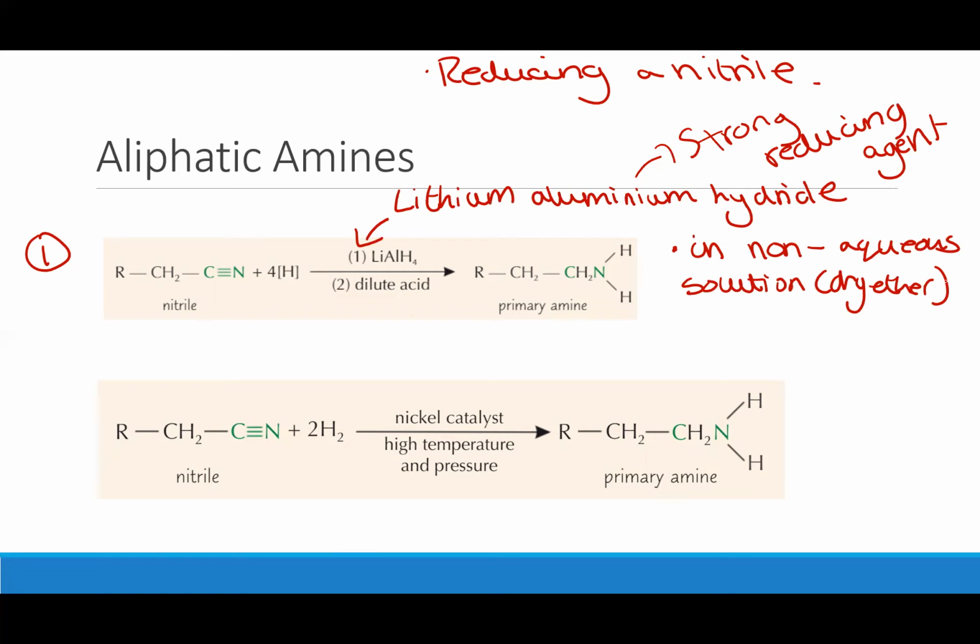So here we've got our nitrile, and we are going to reduce it to a primary amine by using that lithium aluminium hydride because it's a strong reducing agent, with that dilute acid, and we're going to form that primary amine.